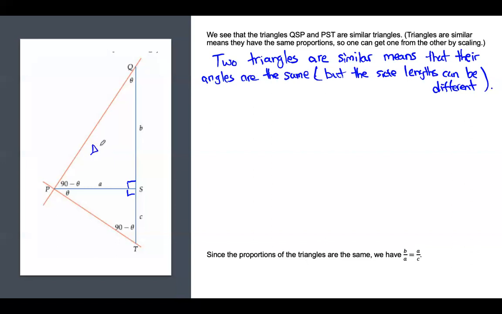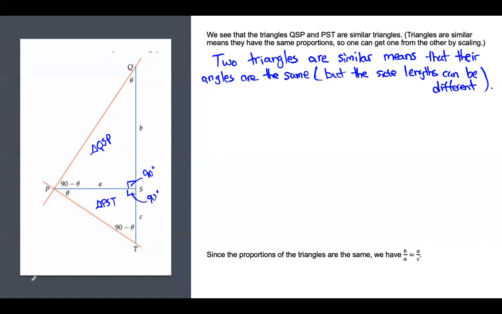Sorry. And this first triangle is Q, let's say QSP, doesn't really matter the order here. And we have this lower triangle down here, which is, let's say PST. So we have two triangles. And remember, this is 90. This is 90. Okay.